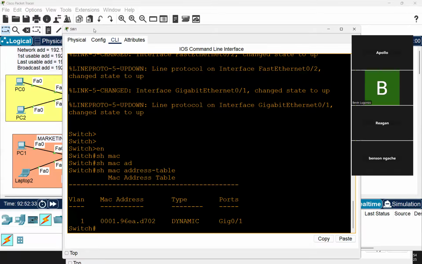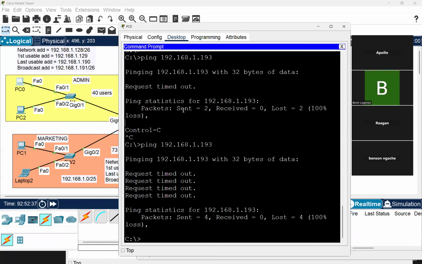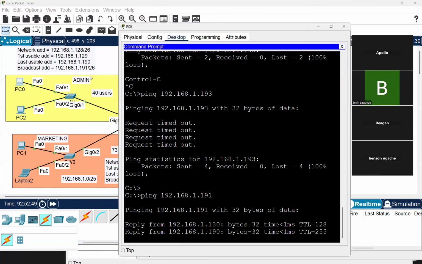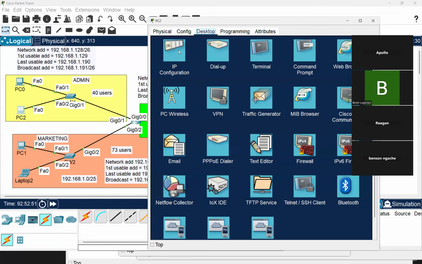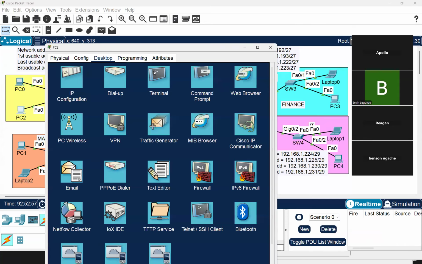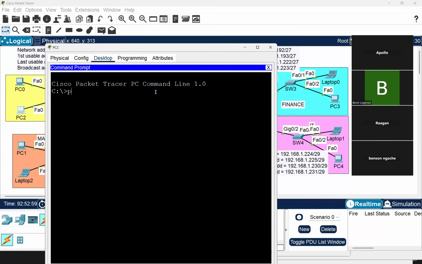For example, let me just try to ping. Let me ping the gateway from this machine, 192.168.1.191. And then also ping the gateway again from this other machine, so that you see those entries now will be added to the switch's switching table.